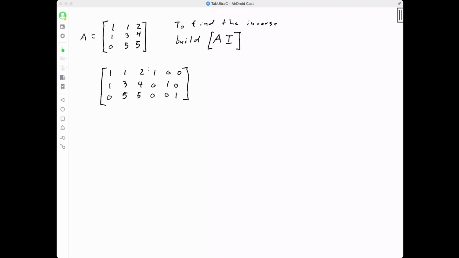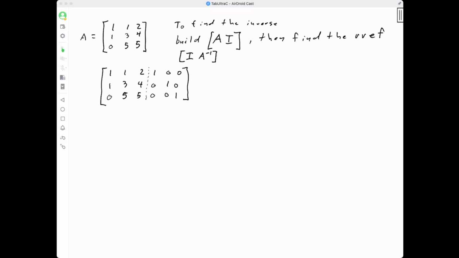Some people like to put a little dotted line here. You can, but you don't have to. Then I'm going to find the reduced row echelon form. When I find the reduced row echelon form, I will get a matrix that looks like the identity and A inverse. So let's go ahead and do that.